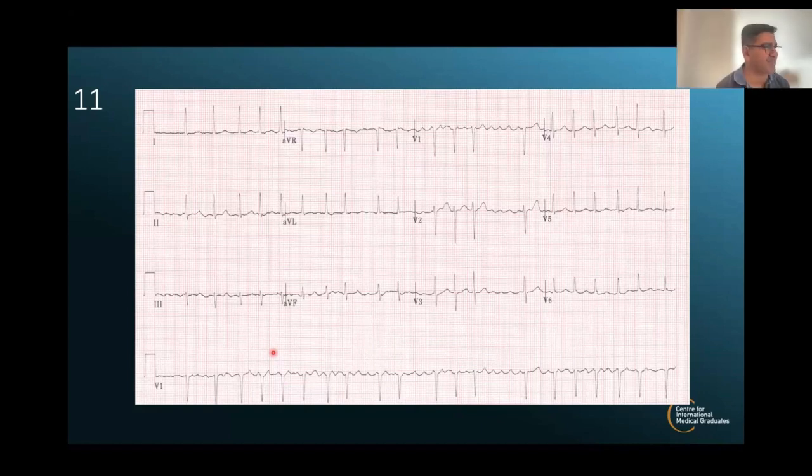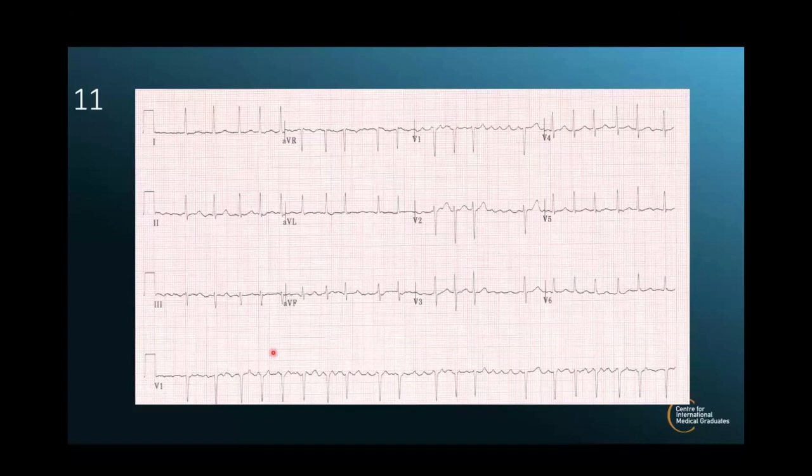Then moving on, there's some possible left axis deviation to normal axis. Then I can't pick out a distinct P wave. The QRS seems to be narrow and normal, and also not regular.